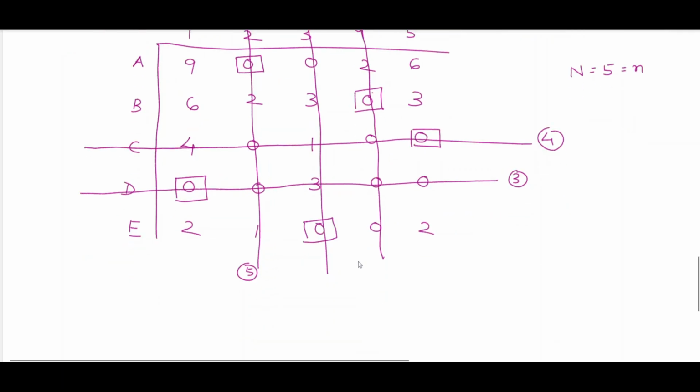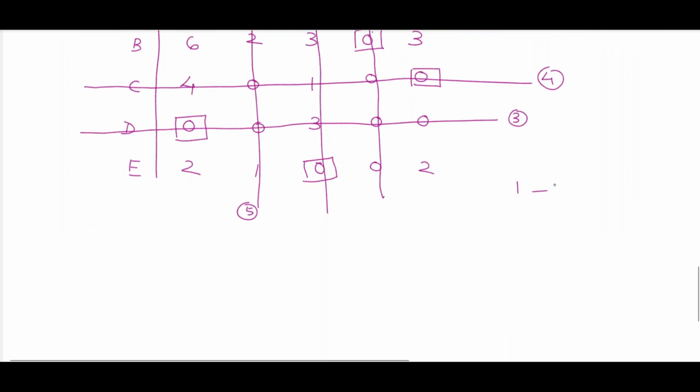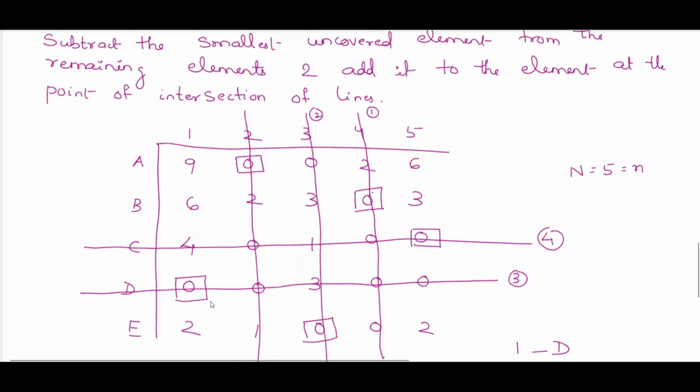Now we can see the allocation. We want to assign different jobs to different people. So that means machine 1 is allocated to mechanic D, from that circle, that box we have made.